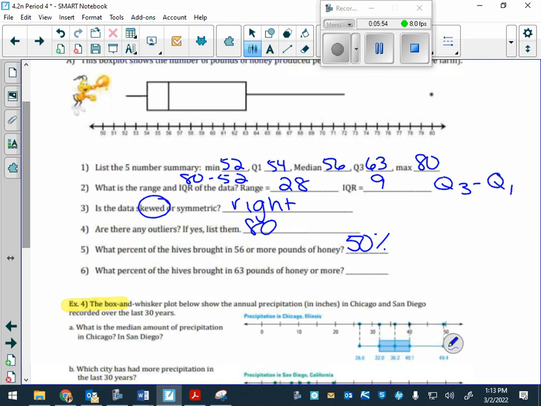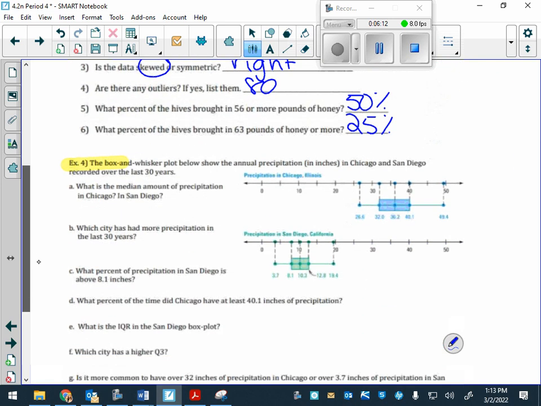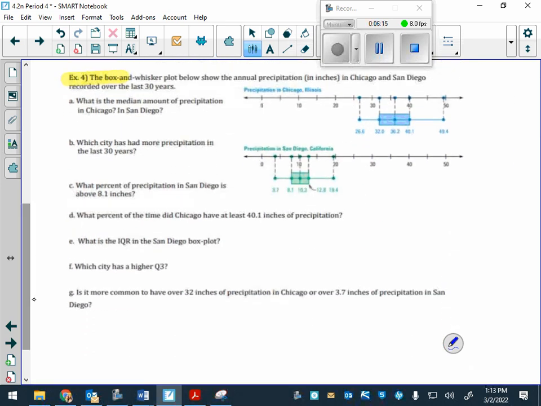Okay, more than that is 50. What percent of hives brought in 63 pounds of honey? Jack, go ahead. 25%. Awesome. Good. How many of you did get this correct? Good. All right.